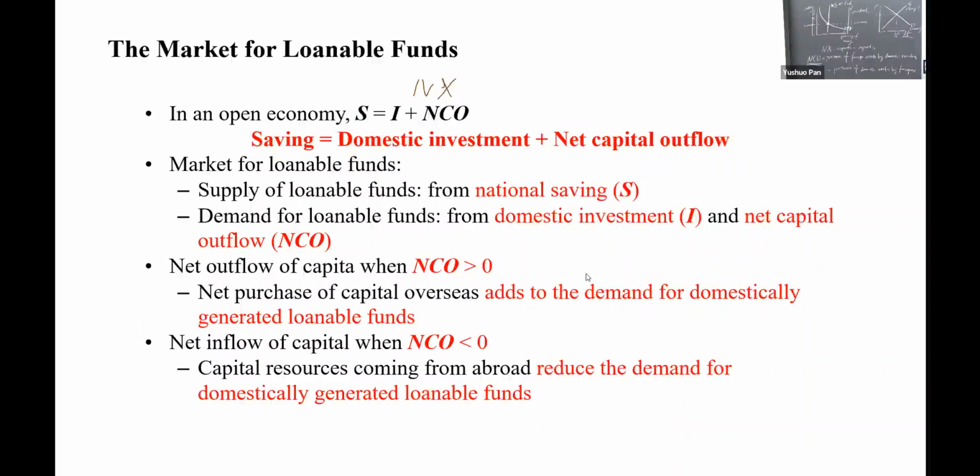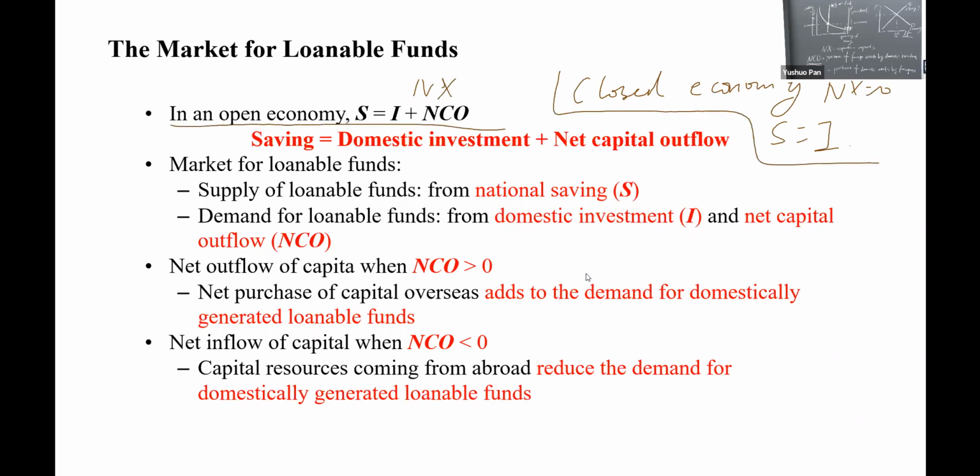But remember, in a closed economy, we assume that NX equals 0, which means S equals I. This is the closed economy, and this one is the open economy. That's the difference.